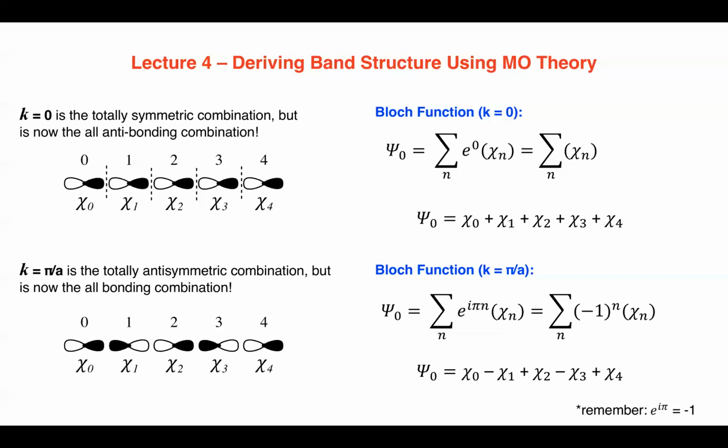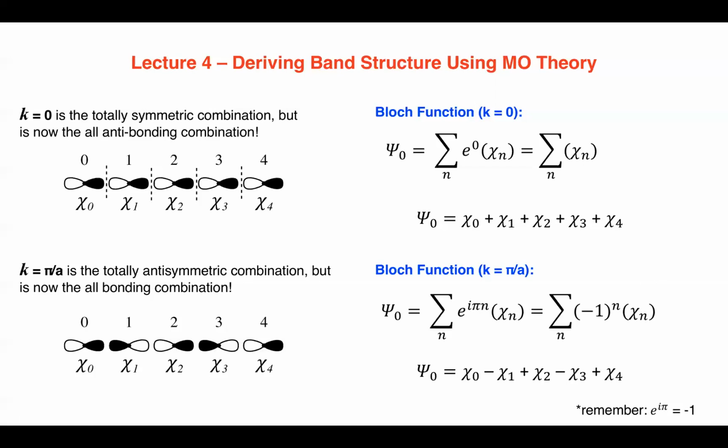Now we've gone to chi1 where it is minus, and the minus flips the sign of the p orbital. Instead of being the light lobe on the left and the colored lobe on the right, we've got the colored lobe on the left and the white lobe on the right. And now chi2, it's still white and black, left and right. Chi3 again has a minus sign in front of it, so we flip the orbital. We reflect it about the nucleus.